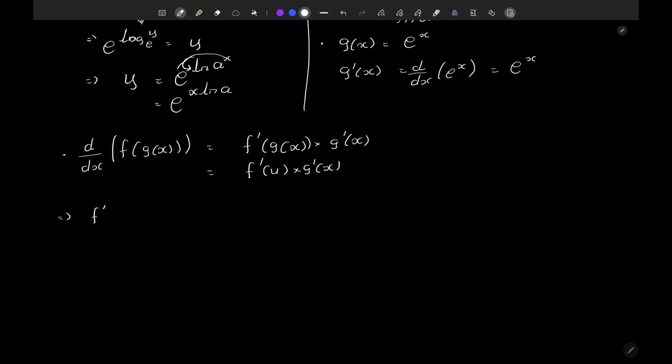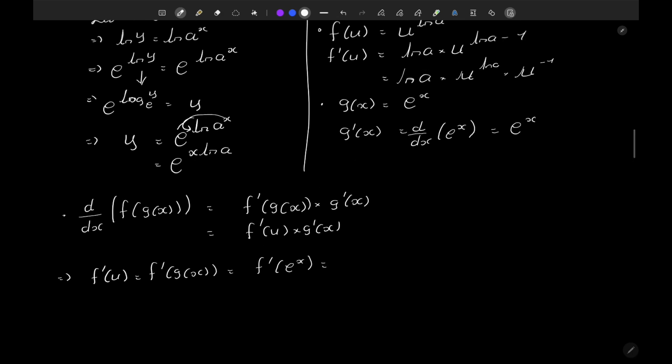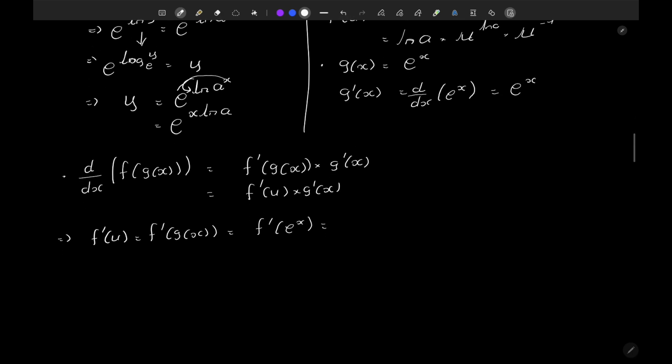This implies that f prime of u, which is equal to f prime of g of x, which is equal to f prime of e to the x, is going to be equal to ln a times e to the x to the power ln a times e to the x to the power negative 1. This gives us ln a times e to the x ln a times e to the negative x.